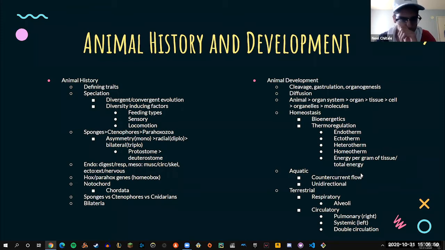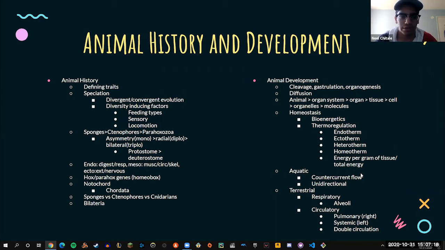I split it up into animal history, or animal evolutionary history is what it really is, and animal development, because those are two big umbrella topics that will help you separate information and understand how the information connects within those smaller bubbles. So why don't we start with animal history?